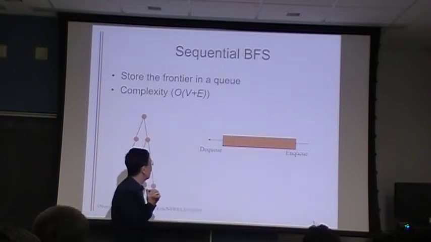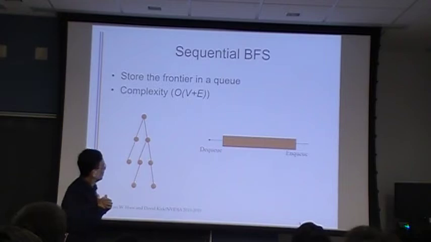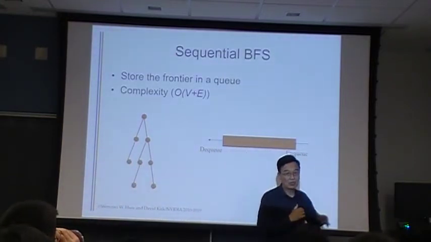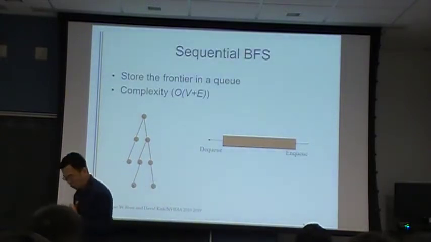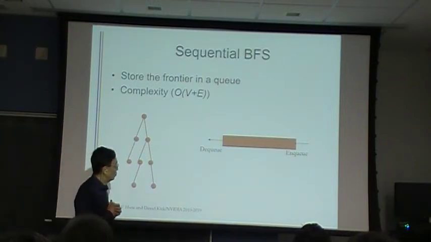Okay. So the way that we do this in the sequential algorithm is we maintain a queue, and this queue is going to receive the frontiers. So we start with the source. We put the source in here.